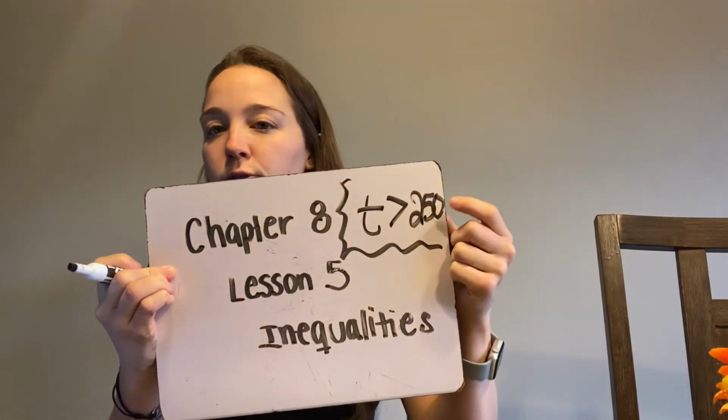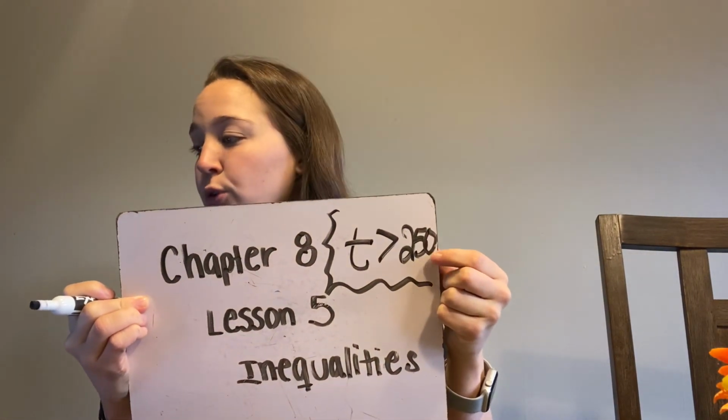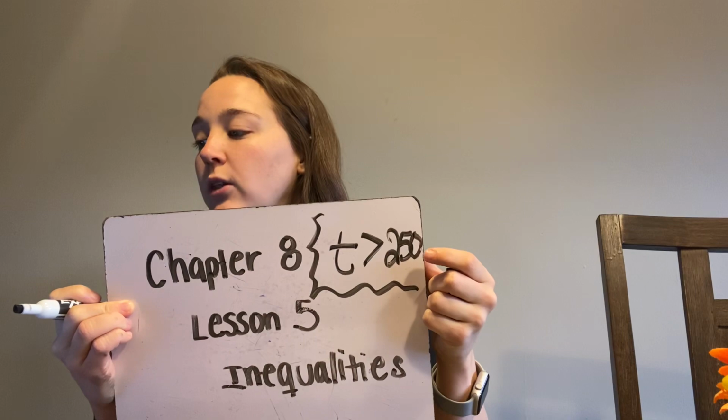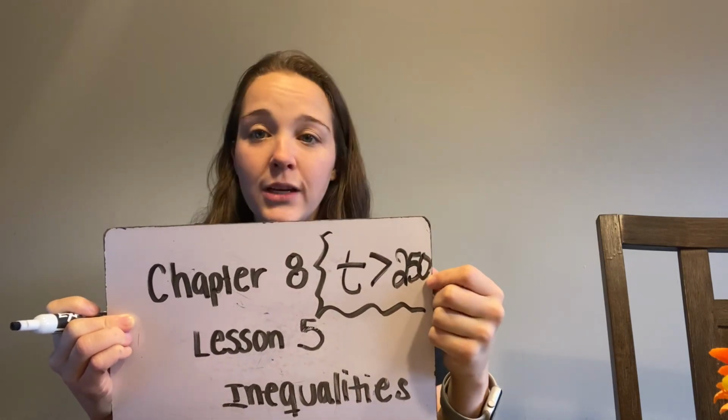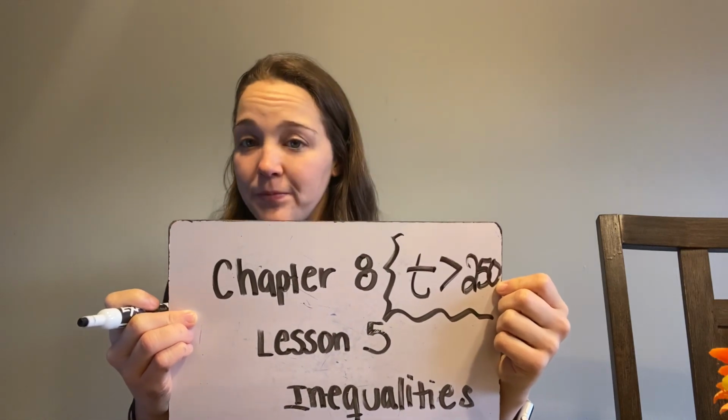We're using the inequality T greater than 250. And don't mind me, I'm actually using a used board here. We have to go through week 1, week 2, week 3, and week 4 and determine which weeks they raised enough money.